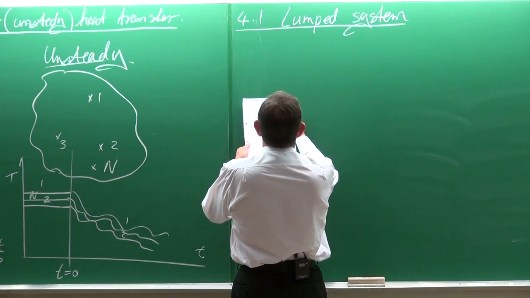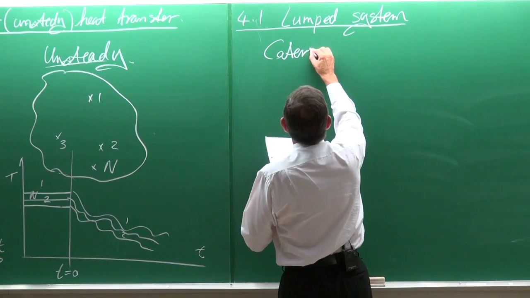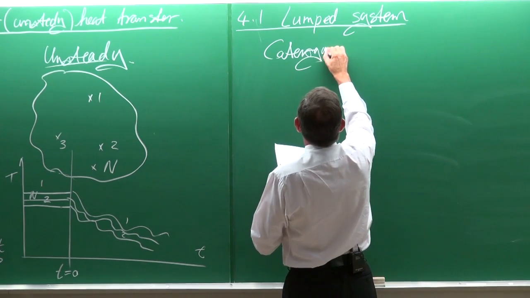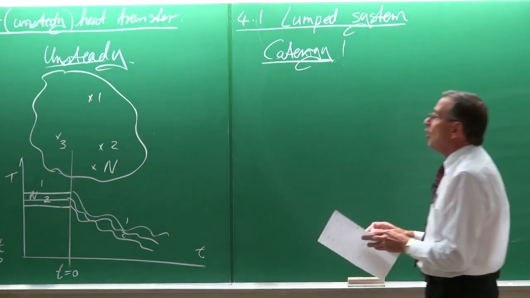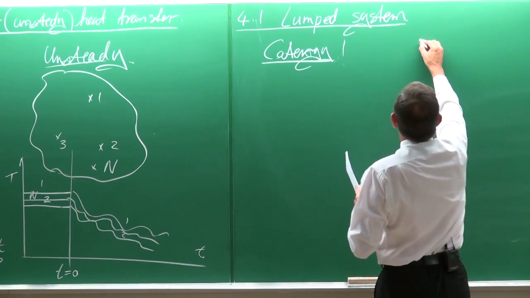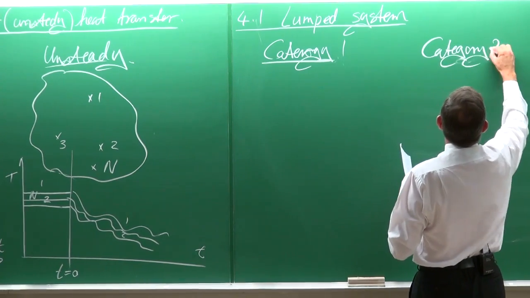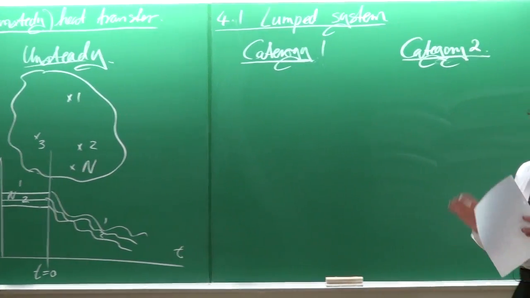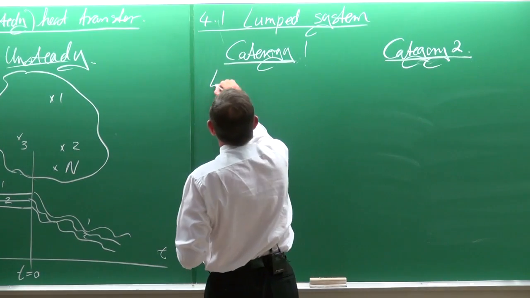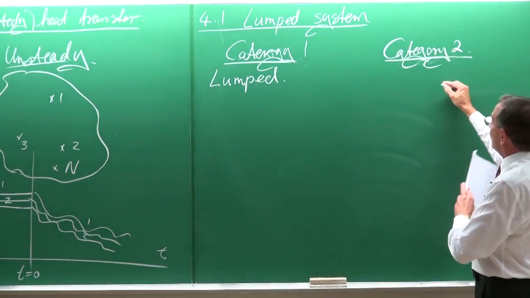So with this chapter, you can actually divide all the work of transient and unsteady heat transfer into two categories, a category 1 and a category 2. And the category 1 is the lumped system approach. And the category 2 is all the others.